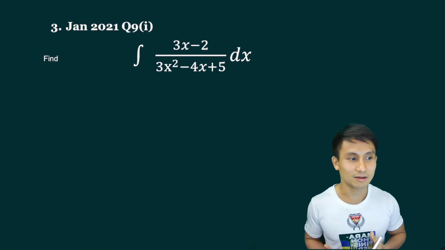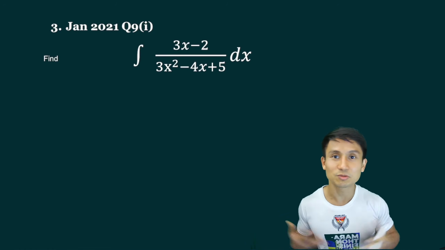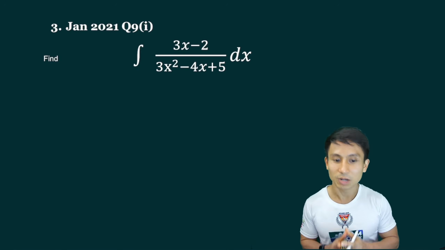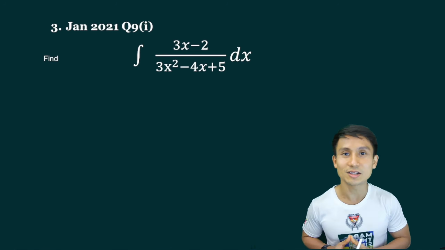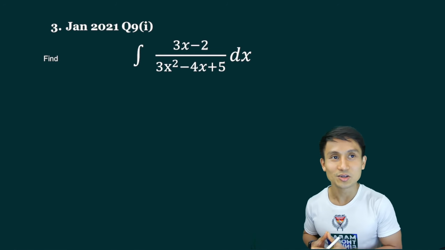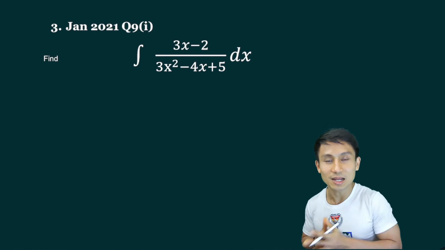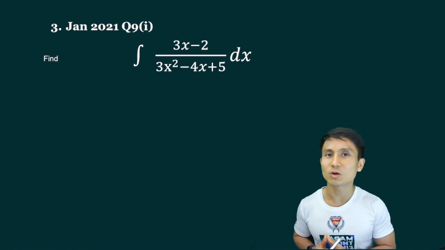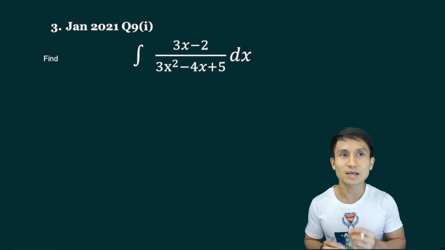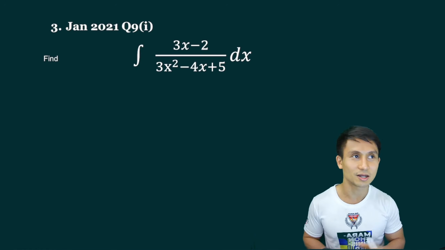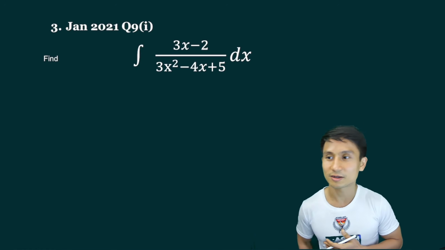I mean, partial fractions might work or might not. But if reverse chain rule works, you should use it because it's quicker. Then you don't need to do the partial fractions and then integrate later on, right? Usually if one works, the other might not. It's like when you integrate, usually a few techniques just work, but other techniques might not work, right?